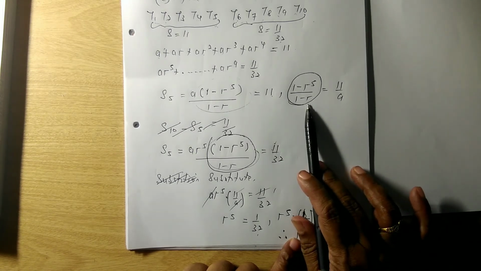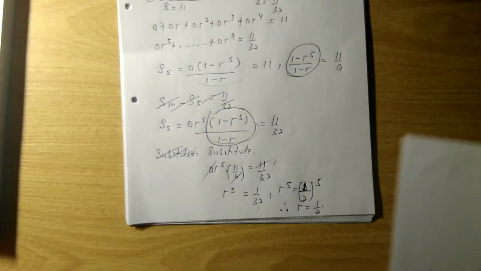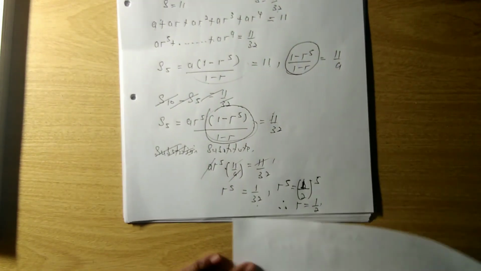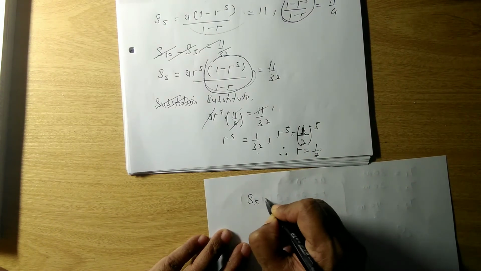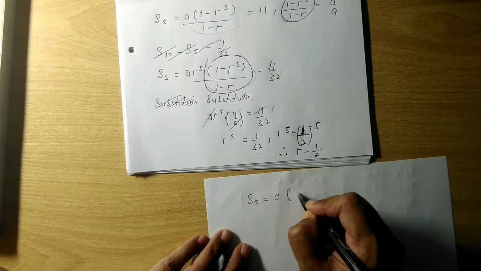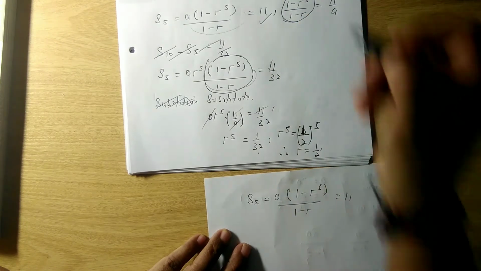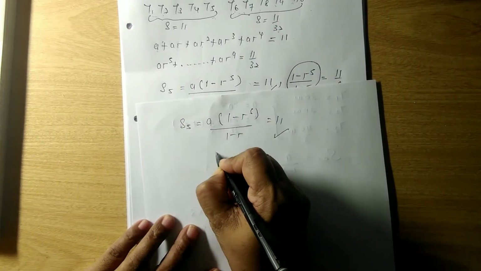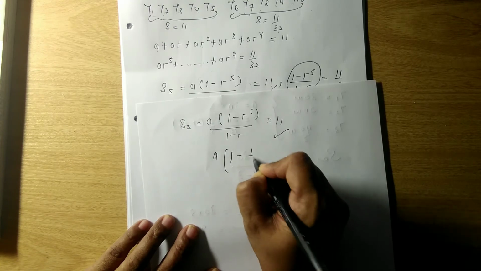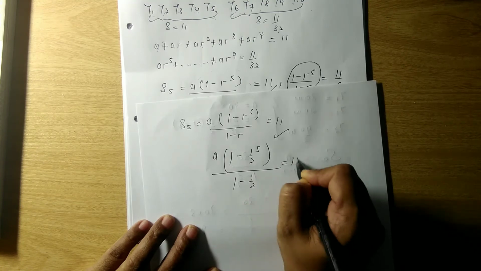So if I can get my R as 1 over 2, I come back here using this formula. Okay, what we can actually say is S5, this is A, 1 minus R to the power of 5, over 1 minus R. This is 11. This is from here. Alright? R is half. So when R is half, A, 1 minus half to the power of 5, over 1 minus half, this is 11.